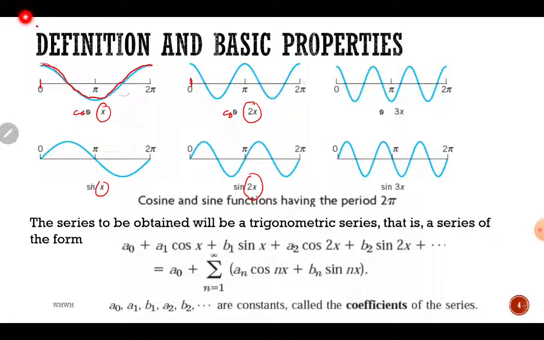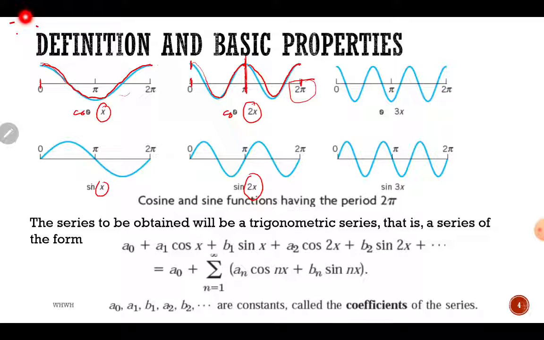For cos 2x within 2 pi, how many cycles do we have? From 0 to pi, we completed one cycle. And from pi to 2 pi, we have another cycle. So within the 2 pi period, we have 2 cycles.